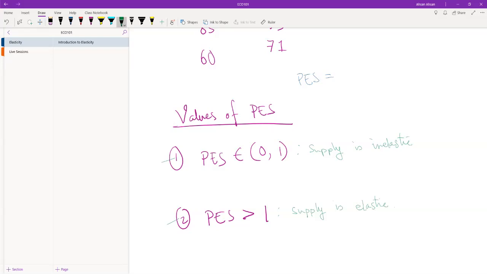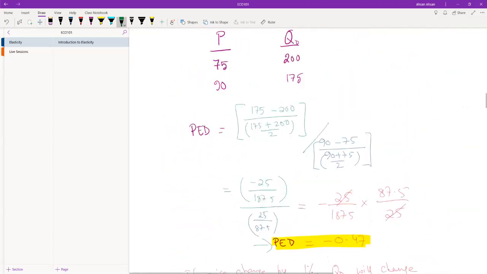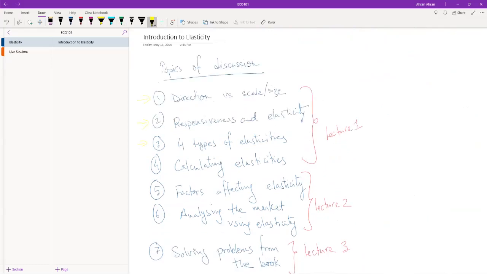Okay, and so that is the end of our discussion. I'm going to go up to the very top, which might take some time. Okay, so we started off our discussion with a small discussion on direction versus scale. You guys already knew about the direction of a relationship.